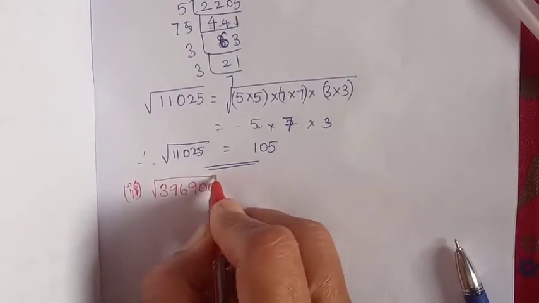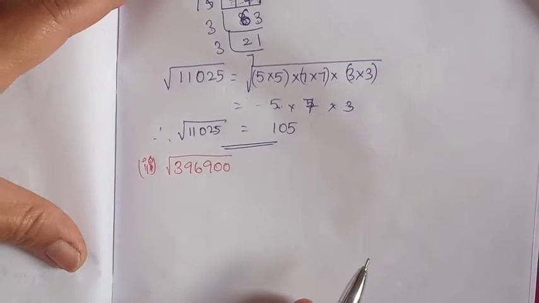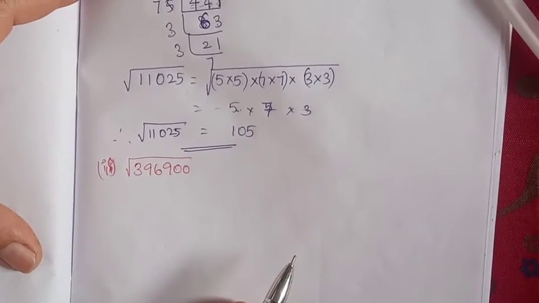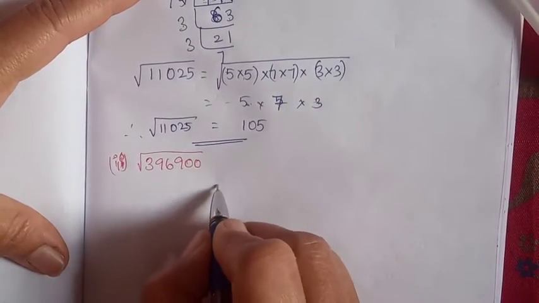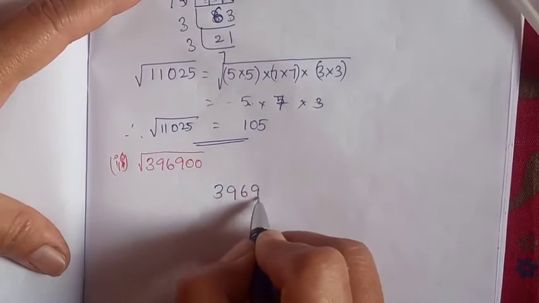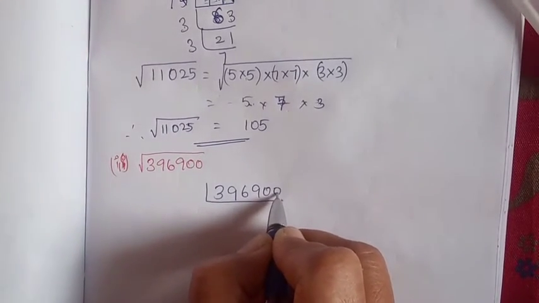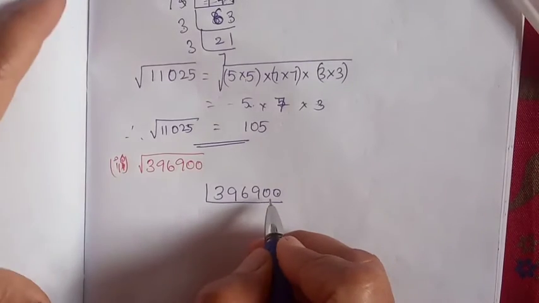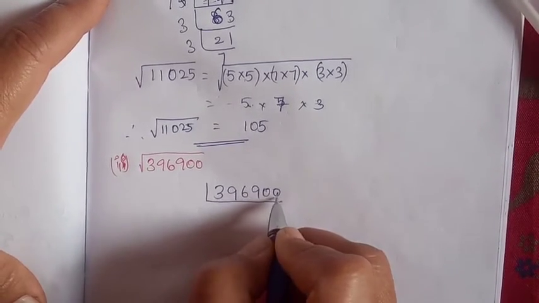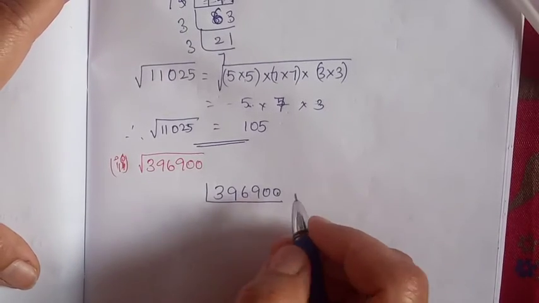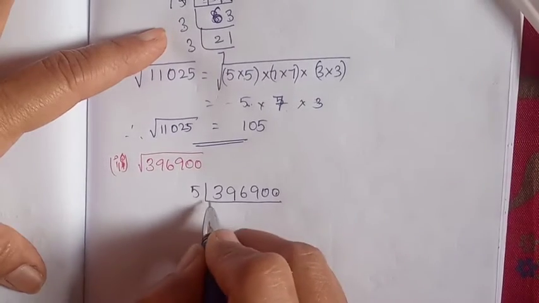Square root of the same, we will apply the same method. 3,96,900. As it is 0 in the units place, either you start by 5 or 10, but 10 we cannot start. Least even number, least prime number, least odd number we have to check. So we can go with the 5.